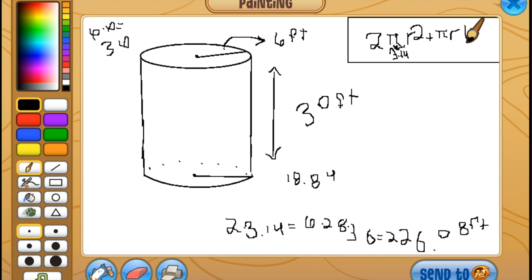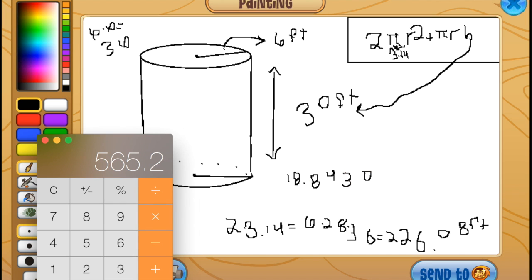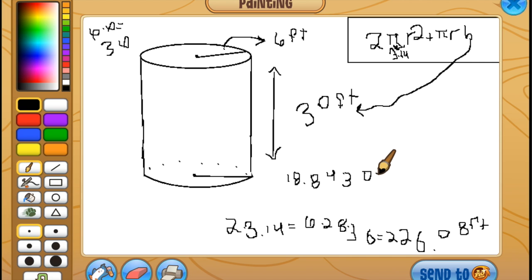Now we have to multiply that by the height. Now our height is 30 feet. So let's multiply that by 30. That's 565.2. Okay, cool. But now we're almost done, guys. Now we have to add them together.